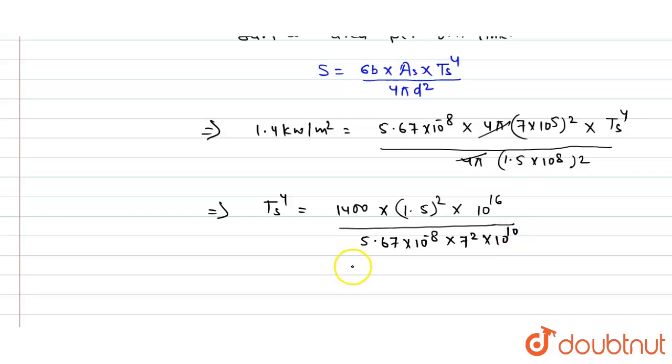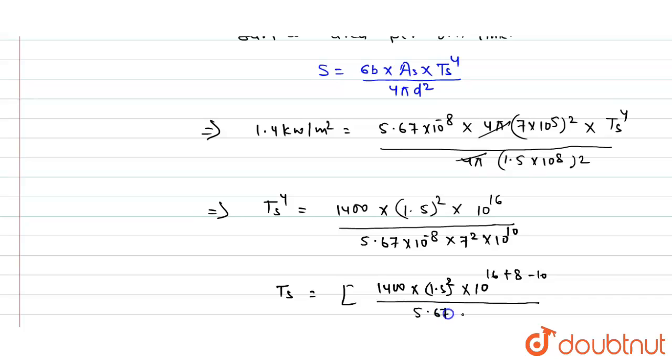And so Ts is equal to 1400 multiplied by 1.5 whole square, and the power becomes 16 plus 8 minus 10, whole divided by 5.67 multiplied by 7 square, and whole raised to the power 1 by 4.